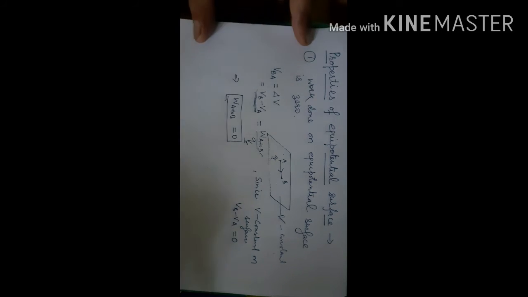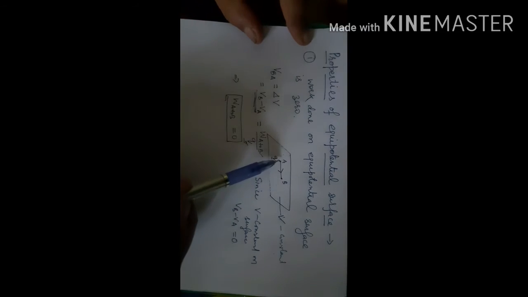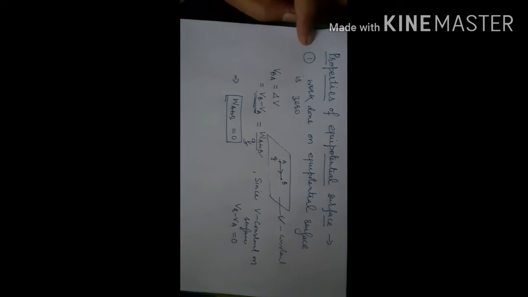If this term is equal to 0, it implies that the work done from A to B is equal to 0. So we conclude that the amount of work done to move a charge from A to B on an equipotential surface is equal to 0.